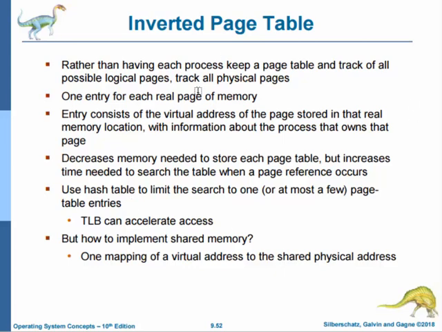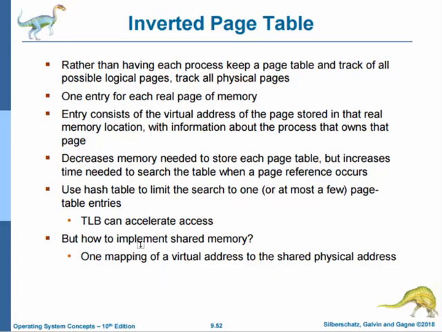So this decreases the memory needed to store each page table. However, it increases the time needed to search the table when a page reference occurs. So we use hash tables to limit the search to one or at most a few page table entries.